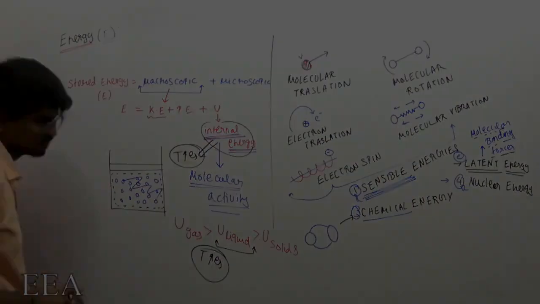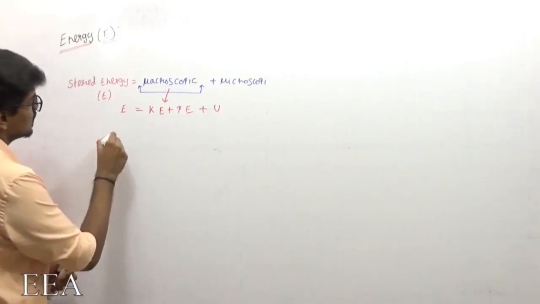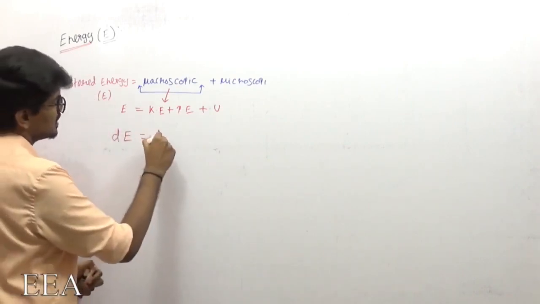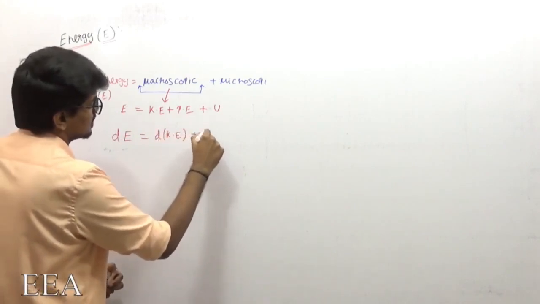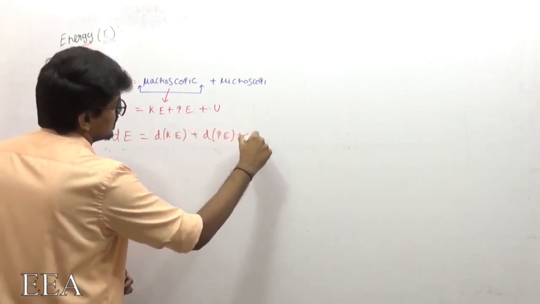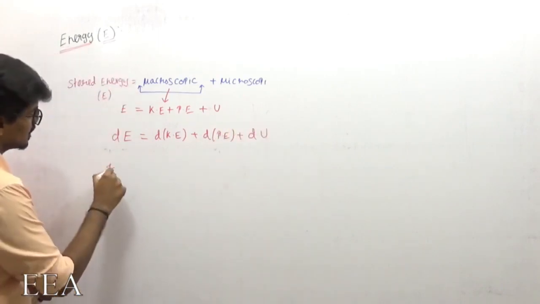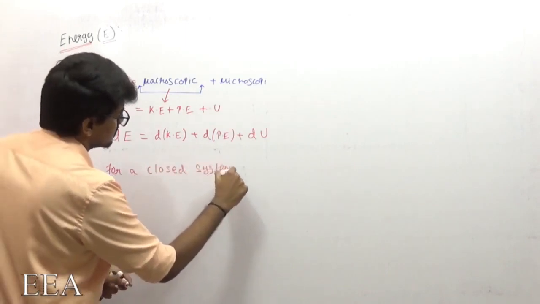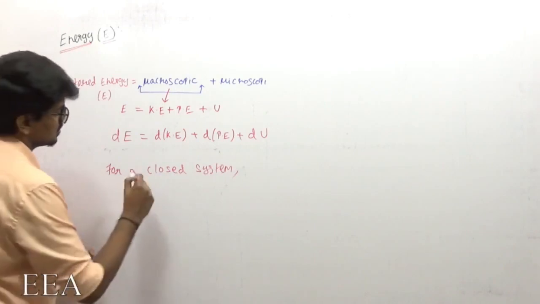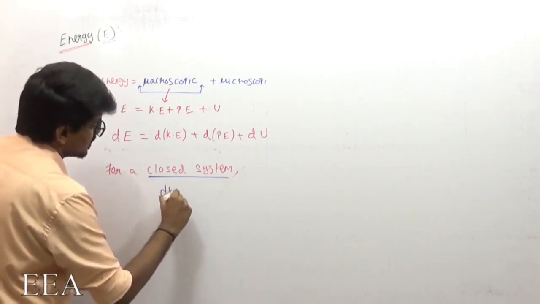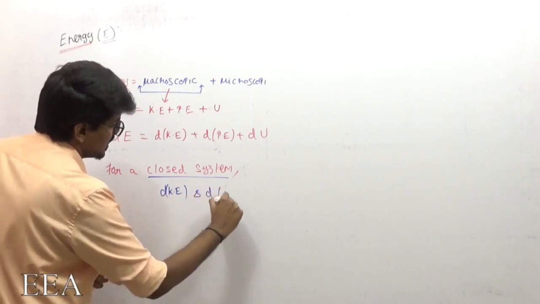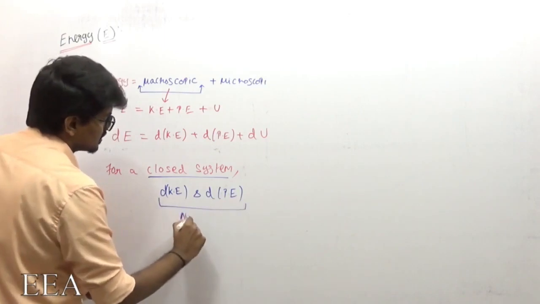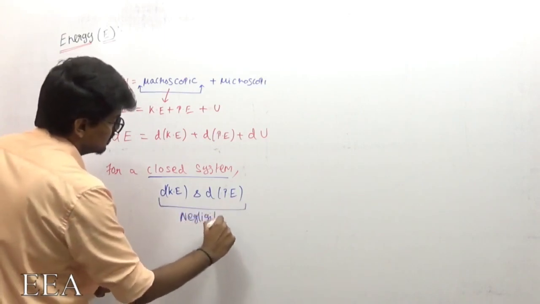Now, this is our total energy. So what will be the change in total stored form of energy? It's going to be change in kinetic energy plus change in potential energy plus change in internal energy. And as I discussed already, for a closed system, dKE and dPE, which means changes in kinetic energy and potential energy, are negligible.